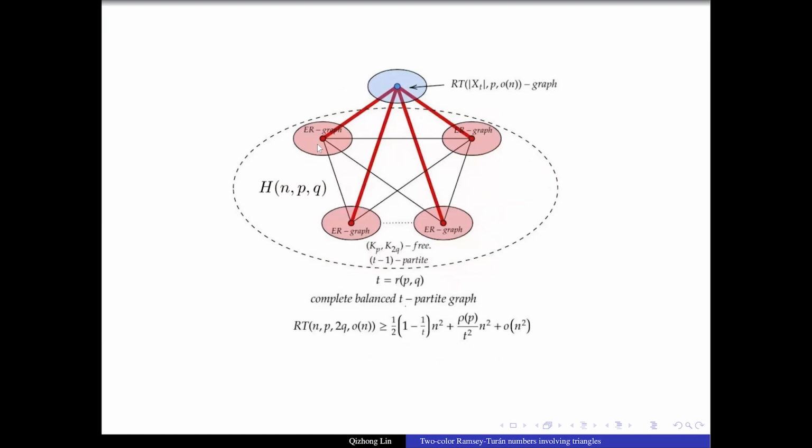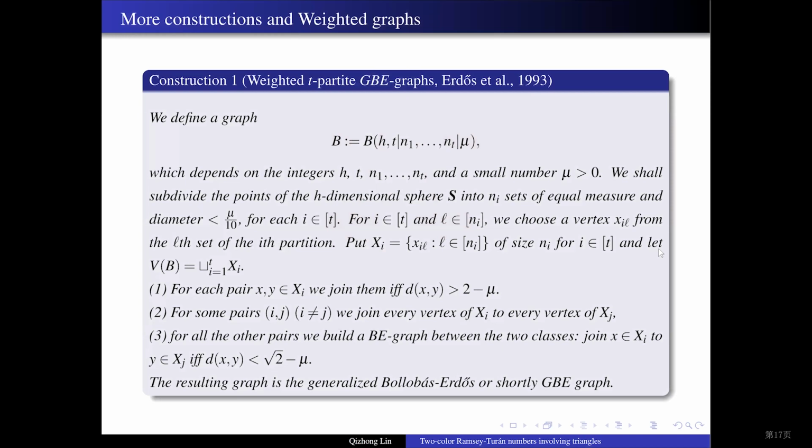And we can see it is Kp, K2q-3, and so the lower bound follows. Next we focus on the upper bound, and to this end, we need more constructions and definitions.